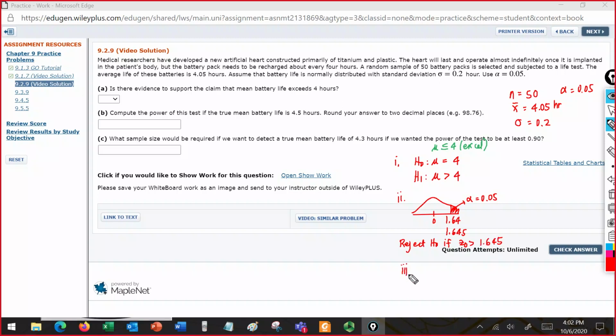Third is the computation of the test statistic. X bar, this is the Z test. X bar minus mu 0 all over sigma divided by square root of n. 4.05 minus 4 all over 0.2 divided by square root of 50.